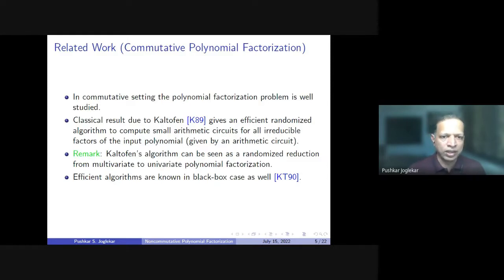One thing to note is that Kaltofen's algorithm can be seen as a randomized reduction from multivariate to univariate factorization. So multivariate to bivariate through Hilbert's irreducibility theorem and from bivariate to univariate via the Hensel lifting technique. It is also known that Kaltofen's algorithm can work in the black box case as well. It is work due to Kaltofen and Trager.